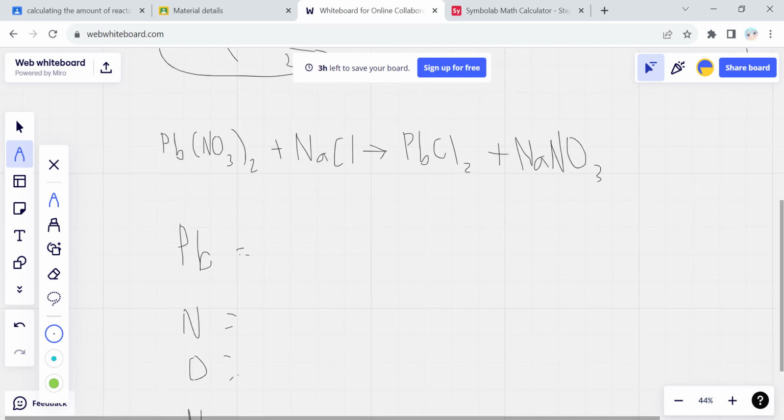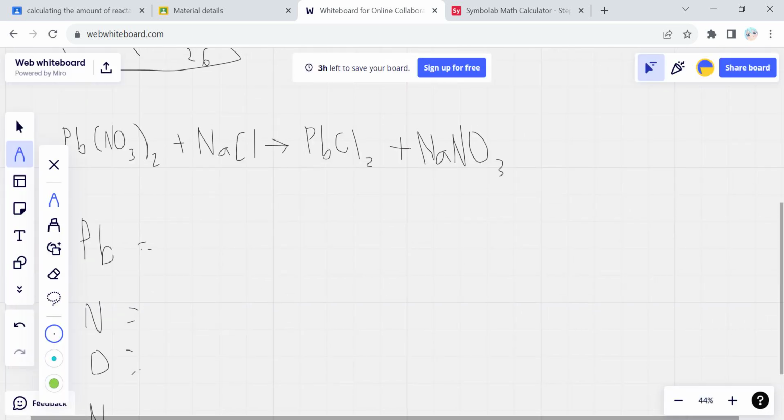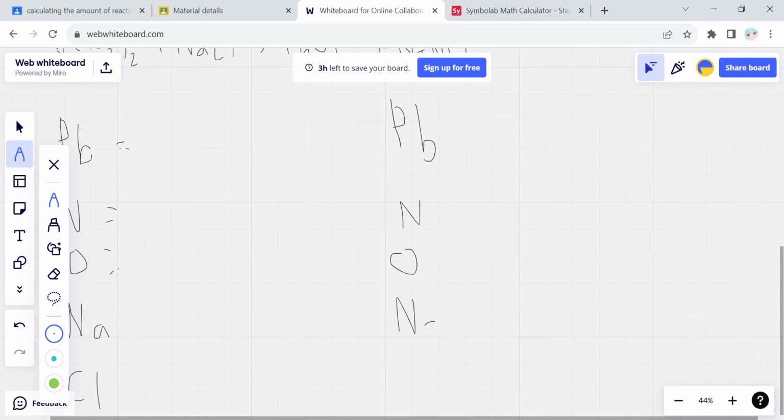There are actually 5 elements: 1, 2, 3, 4, 5. Yeah, there's 5 elements. Pb, nitrogen, oxygen, sodium, chlorine. Okay.